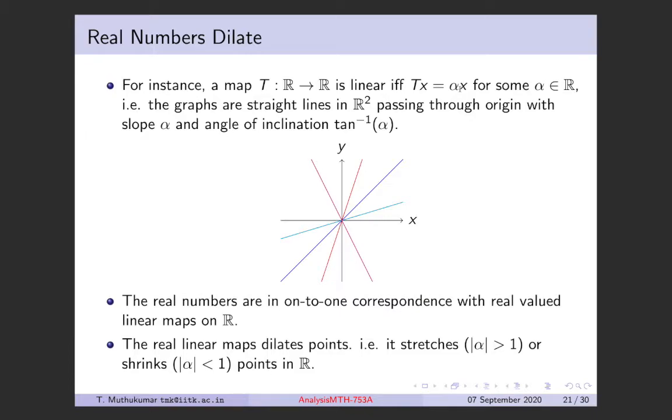When mod alpha is bigger than 1, x going to alpha x is stretching x. When mod alpha is less than 1, the point x is shrunk to alpha x. When mod alpha is equal to 1, it just fixes the point.